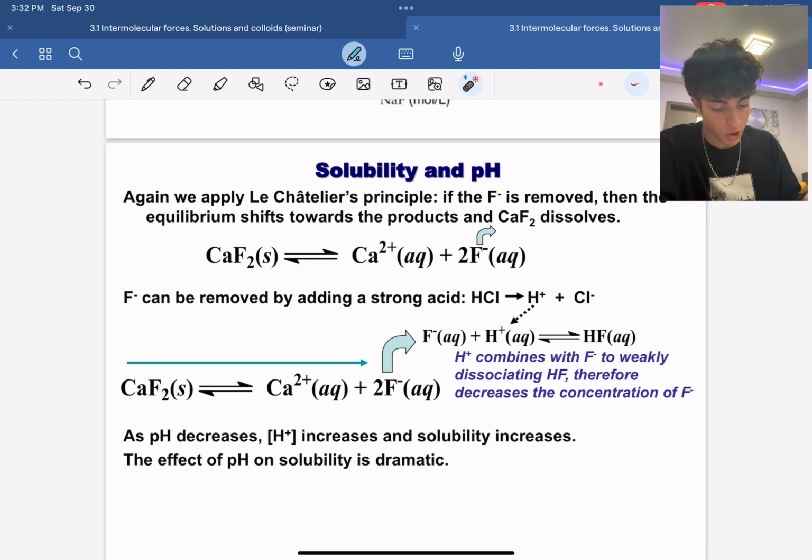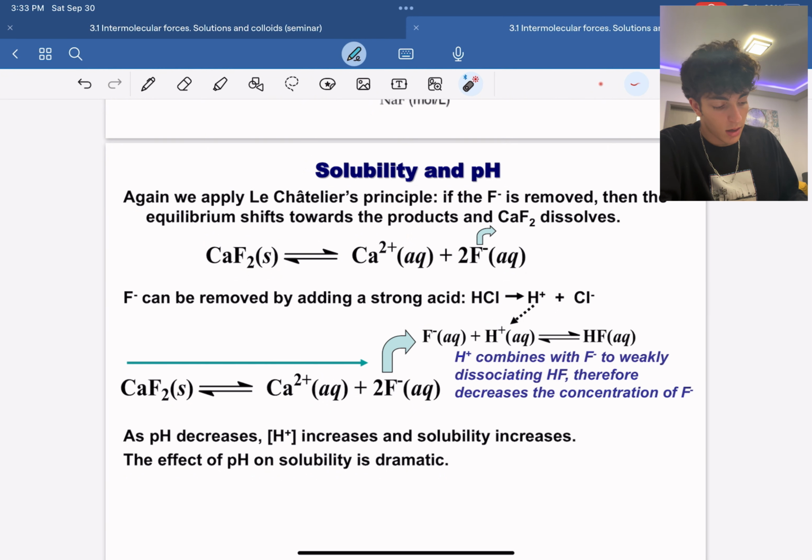Le Chatelier's principle, right? The way F is removed is not really too important, but it is by hydrochloric acid. Now, as this is done, because we have the common ion getting taken away, the hydrogen combines with the fluorine to weakly dissociate, right?